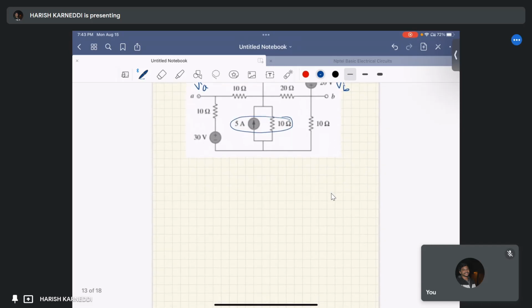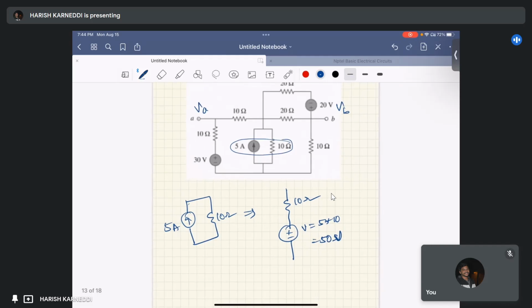That equal to 5 amperes parallel with 10 ohm resistor. This can be written as, the 10 ohm remains same, then V equal to I into R, that equal to 5 into 10, that equal to 50 volts.